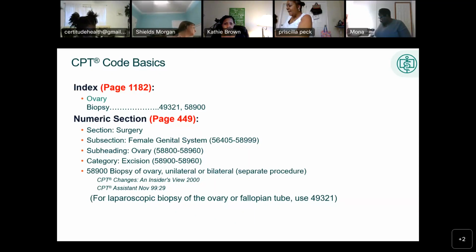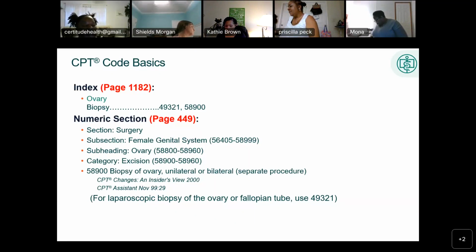Hold on. It's page 396. So it's just the laparoscopy. The page number is off on the slide. That's why I don't like using those page numbers. They were good up until that point. Uh-oh.